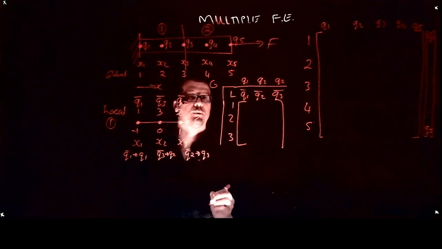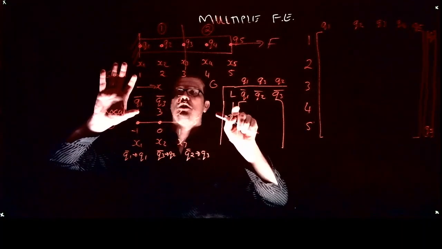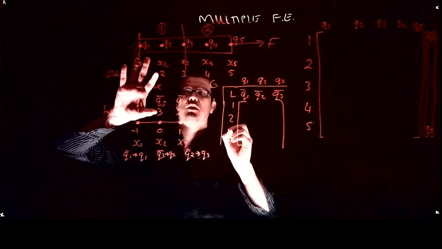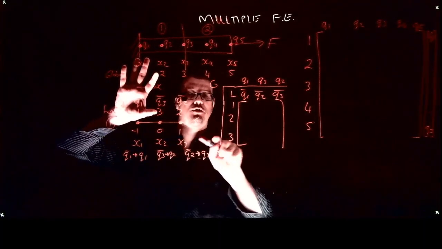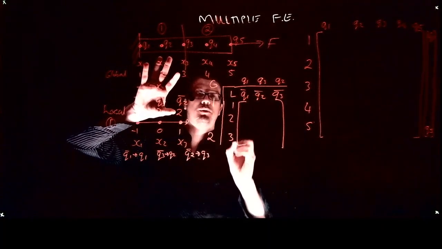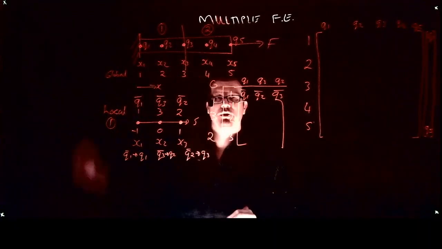And then lastly, on the global scale, local 1 is associated with global 1, local 3 is associated with global 2, and local 2 is associated with global 3. That's all, so now we've got that sorted out as well.